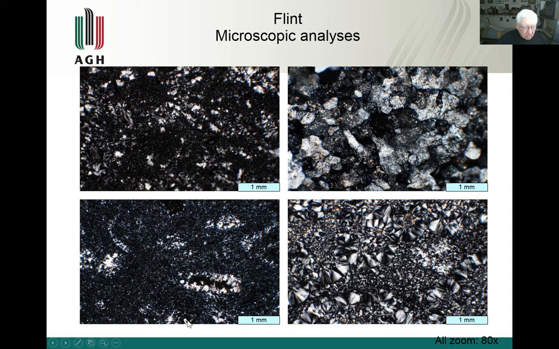crystals. This is of course flint too, recrystallized, and the relics of primary organic structure of sponge. There are relics of organic tissue of sponge, mineralized with quartz and chalcedony, of course.